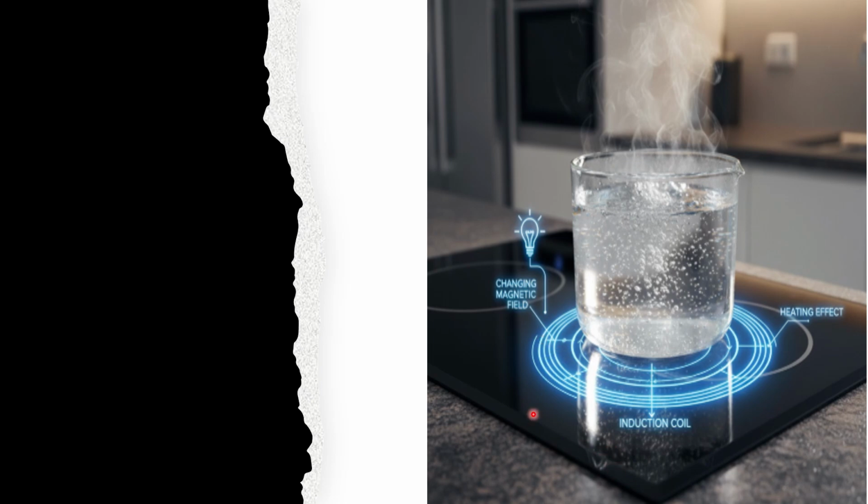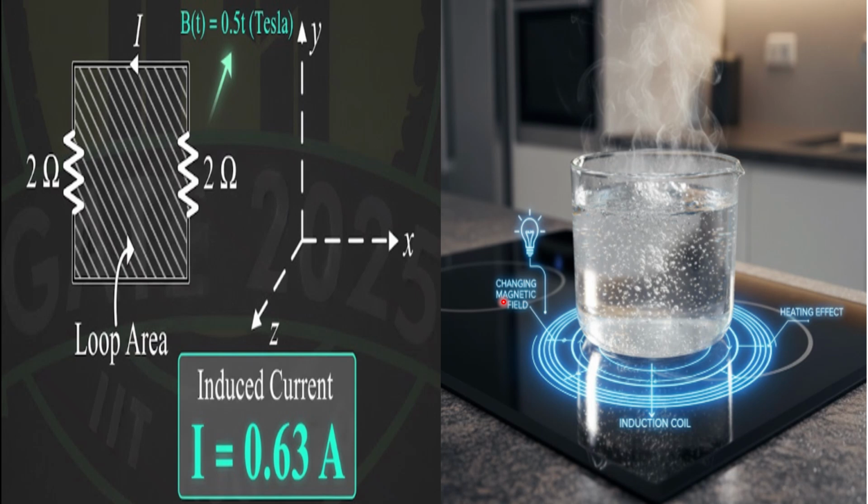Very simple: there is an induction coil, and whenever you keep it in a changing magnetic field, current flows automatically, and because of that heat is produced, and finally your water is heated. This is a real life application most of you have in your kitchen. It works based on this principle only.